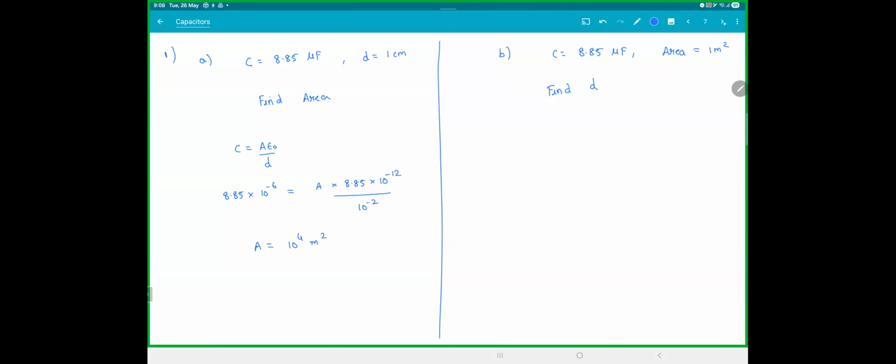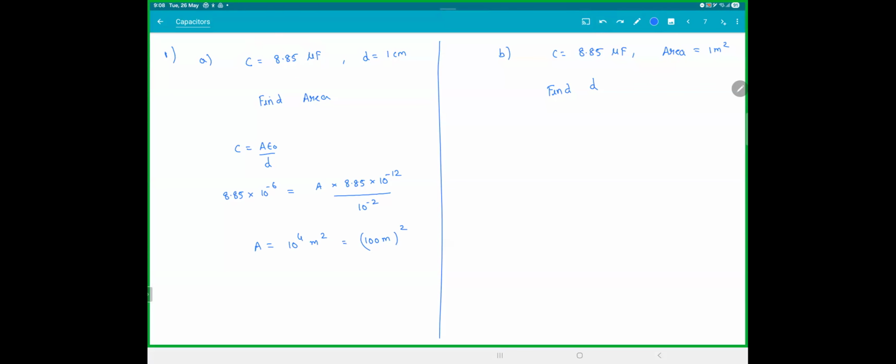You know how big this is? This is 100 meter squared. Meaning take a plate of 100 meters side by 100 meters. Very big, right? It's almost 1/10 of a kilometer. So if you take such a big plate, how much capacitance do you get? 8.85 microfarad. You're getting it?